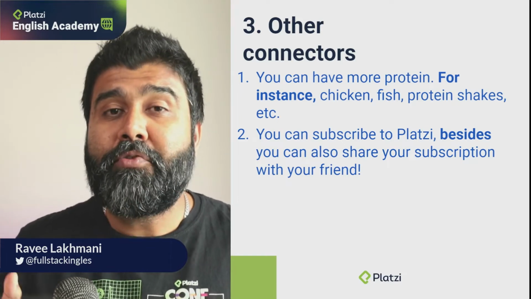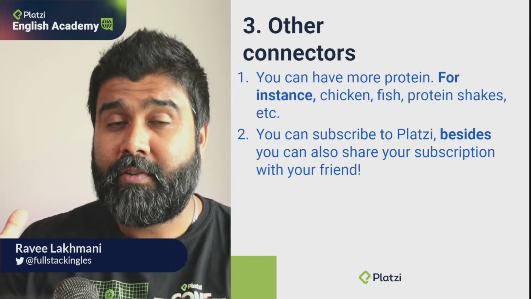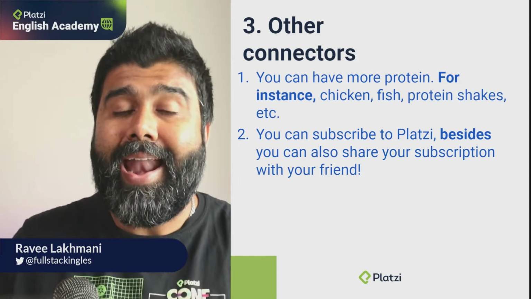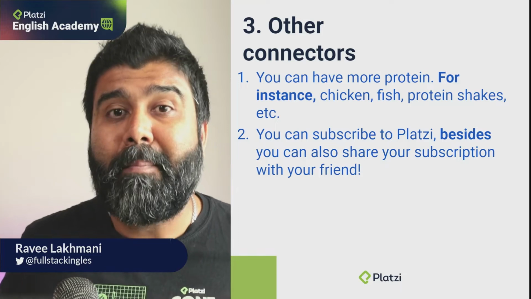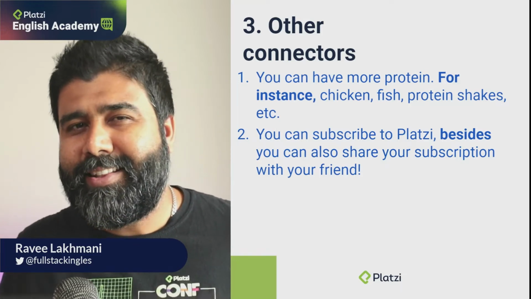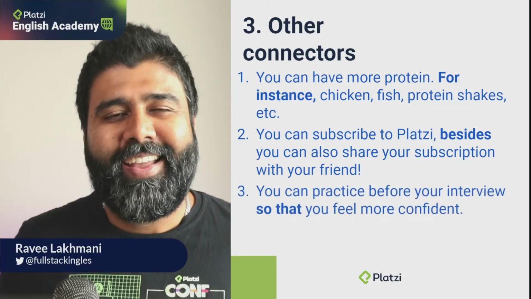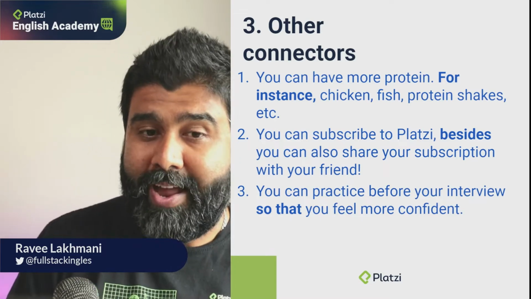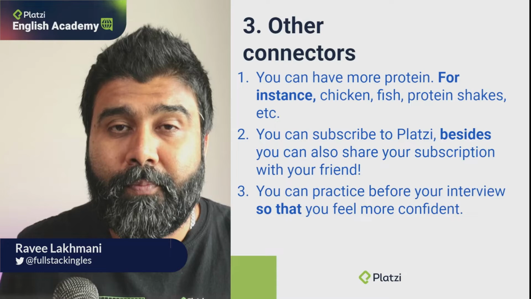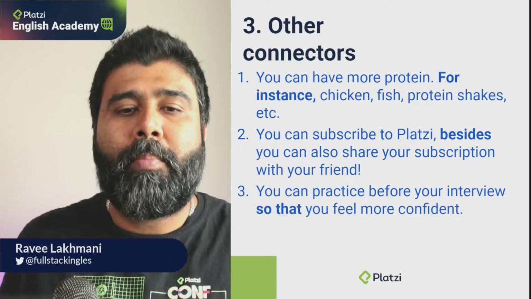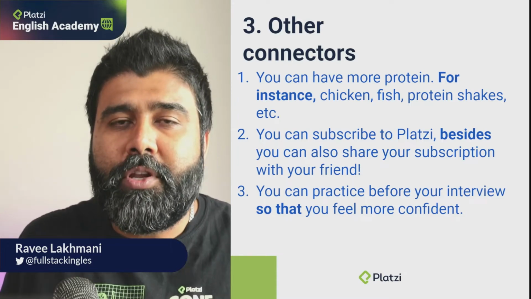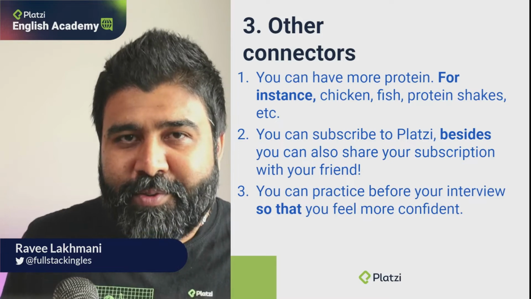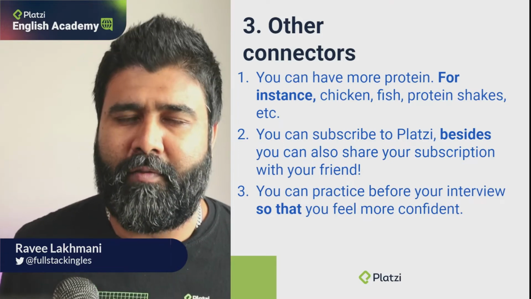Now, I'm giving you some information in the first part of the sentence, and then I'm adding more information using besides. Let's see number 3. You can practice before your interview so that you feel more confident. With this, I'm showing purpose. Why do you need to practice before your interview? So that you feel more confident.